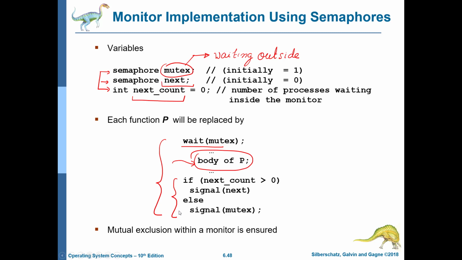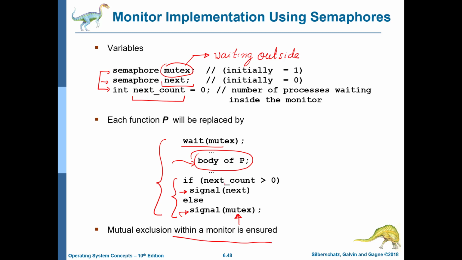So you check next count. If it is greater than 0, then you signal next. Otherwise, you give priority to functions that are waiting outside. That's the second preference. So then you signal mutex, and this basically means that anybody who is waiting outside can now come into the monitor.